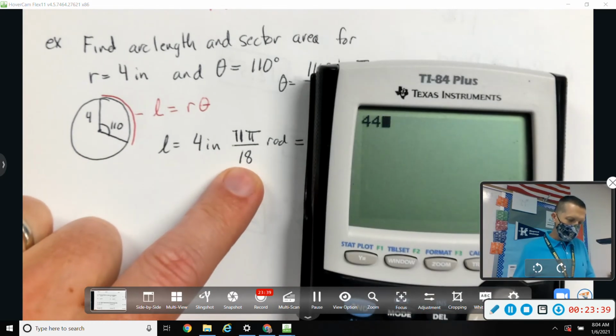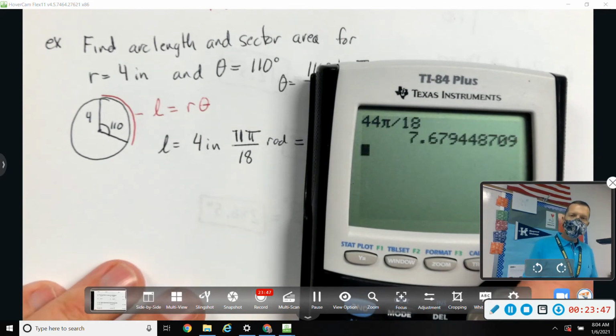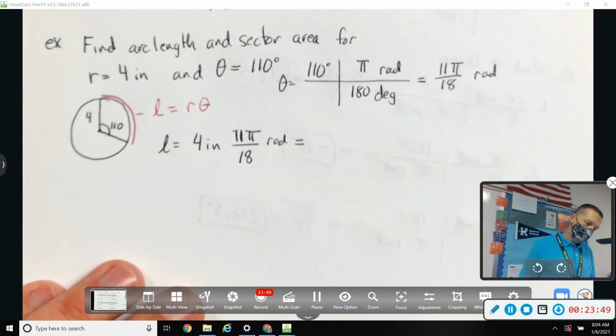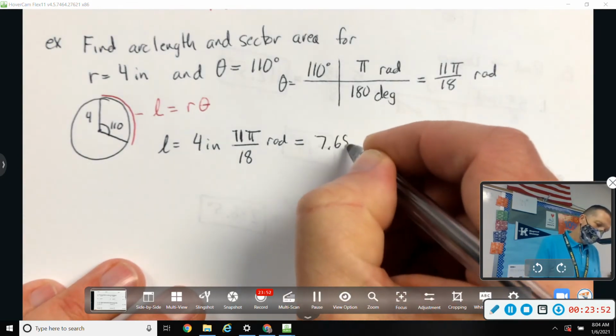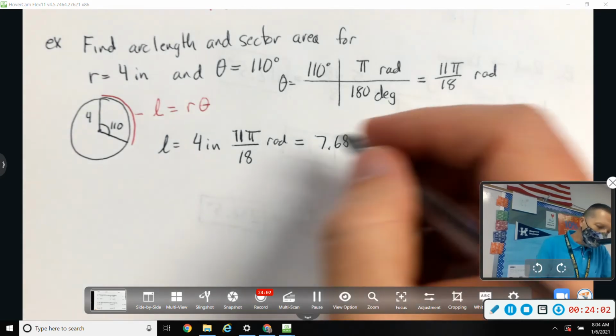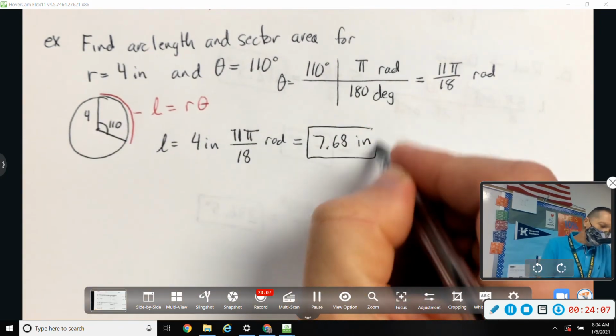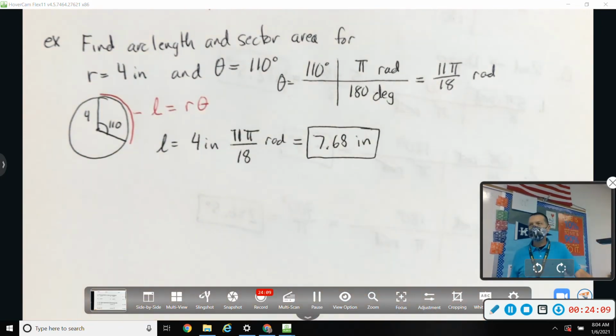I mean, it's a precise answer, but it's unhelpful. 44 pi over 18, 7.68. And then the units are kind of goofy with radians, because when you need them to be there, they're there as radians. When you don't need them to be there, they can kind of go away. So if we're measuring arc length, that should be in inches. So 7.68 inches. And that's kind of weird. The radians are, sometimes they're a unit, sometimes they're not.